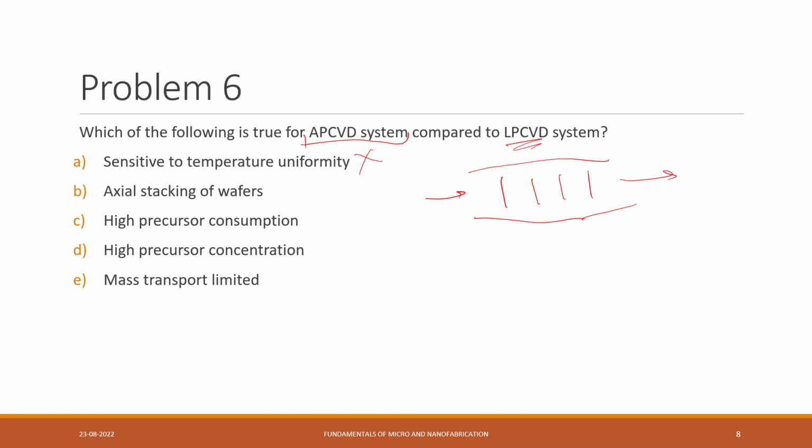APCVD is mass transport limited, so it is not temperature, or reaction rate, limited. Temperature uniformity is not the concern, but depending on the pressure, there are changes.